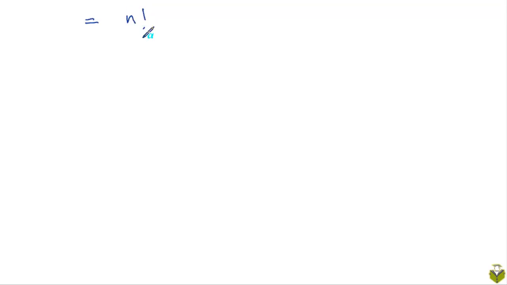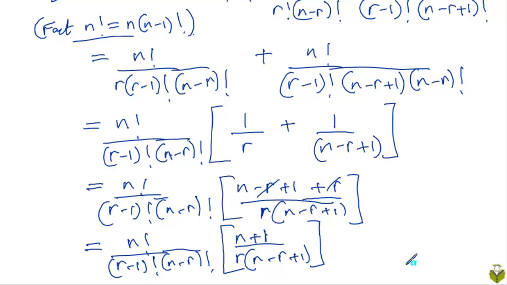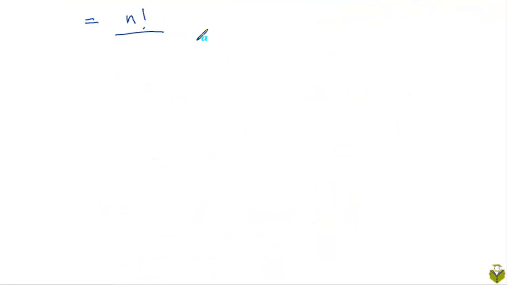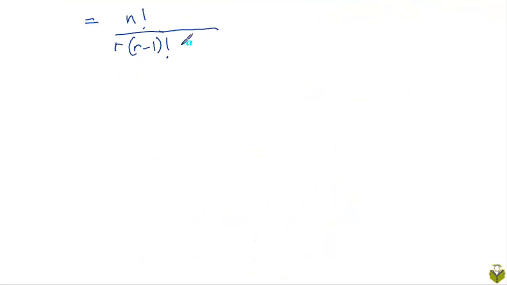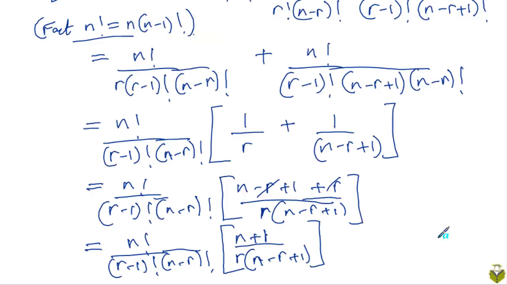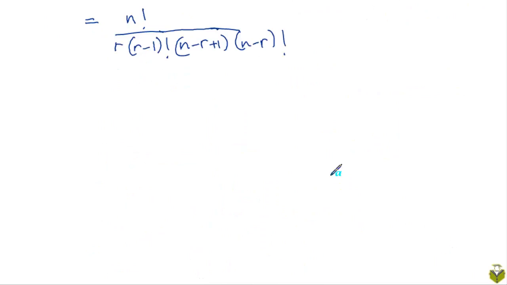So in the previous page I had n factorial over r minus 1 factorial, and there is r here, and I'm combining it with the factorial. n minus r plus 1 I'll combine with n minus r factorial. And what do you have in the numerator? You have n plus 1 also, right? So I'll just put n plus 1 here.